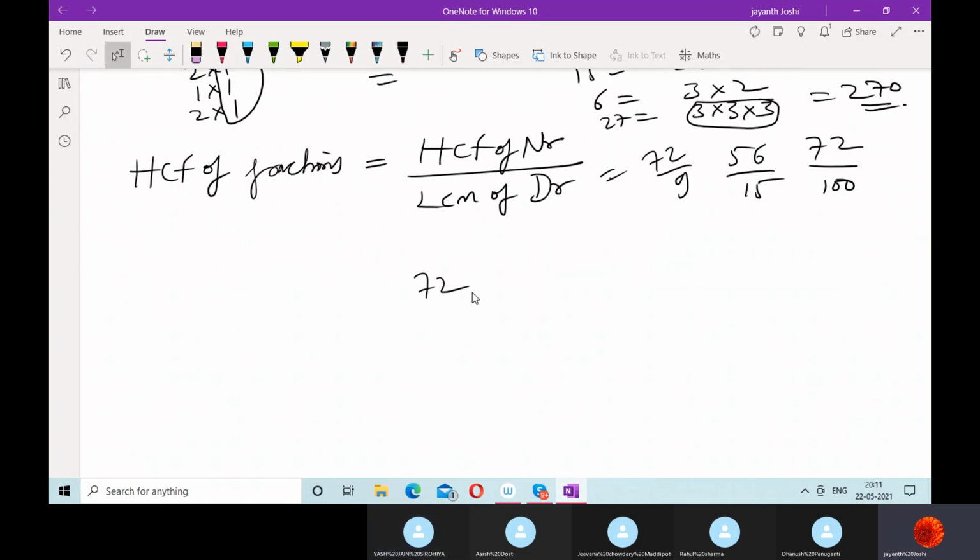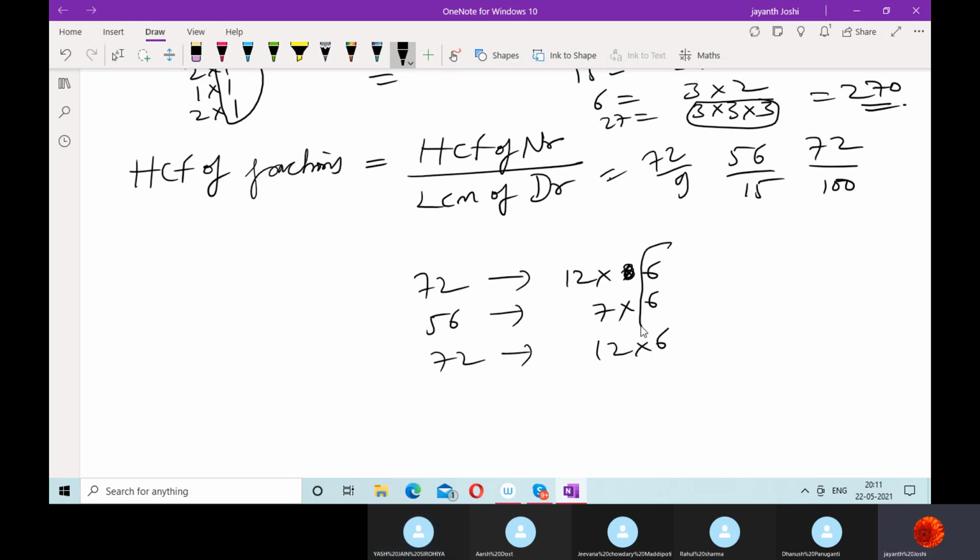Let's do HCF. 6 is already there, 6 you can take. And here what is the common factor? No common factor, correct? So the HCF is what? 6.